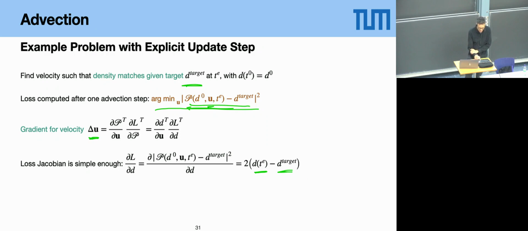But the main ingredient here, or I hope also the main important quantity, is basically how much or how well does this density, the density that we computed in our advection step, match the target, right? So this is potentially, you can see this as a long vector of values, but you can also imagine these being arranged on a grid, right? So basically this tells you the difference between two quantities on a grid, 2 shapes.